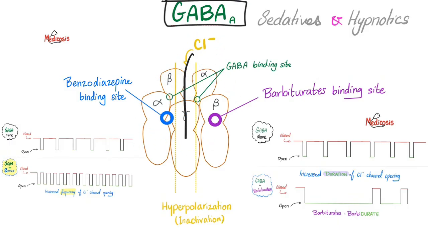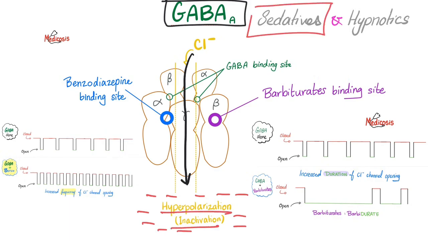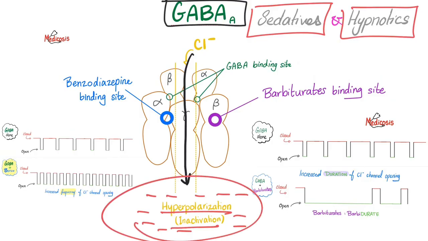Now the chloride will rush into the neuron. Chloride is negative. The inside of the neuron will be more negative, hashtag hyperpolarization or inactivation, which is sedation and hypnosis when your brain is inhibited. Examples of medications that work by this mechanism include benzodiazepines and barbiturates.